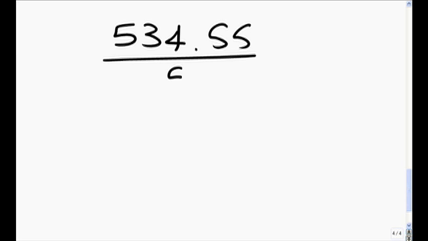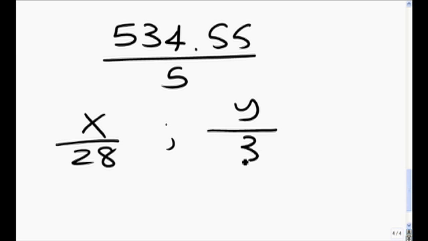I'm going to create the ratio of $534.55 to 5 days, the ratio of X dollars to 28 days, and another ratio of Y dollars to 3 days, where X is the amount of money earned in 28 days and Y is the amount of money earned in 3 days. These ratios are going to be used to create proportions in which we can determine the value of X and Y.